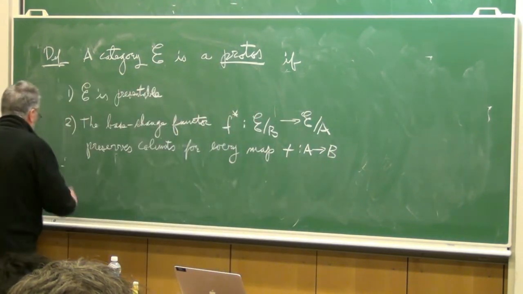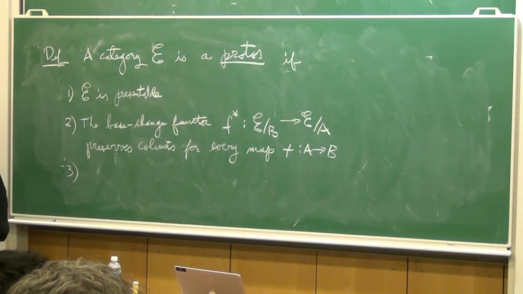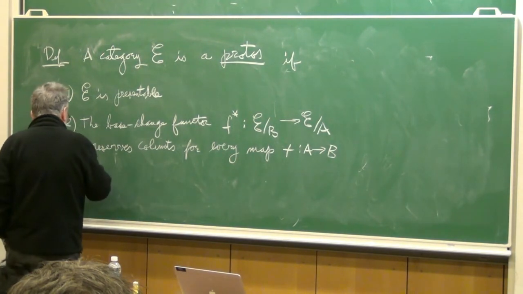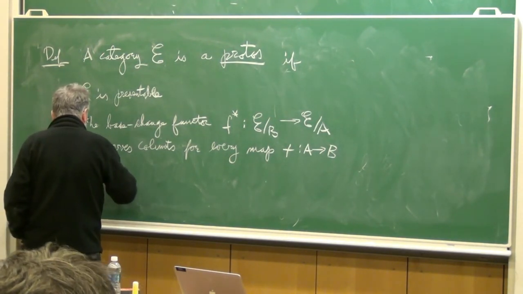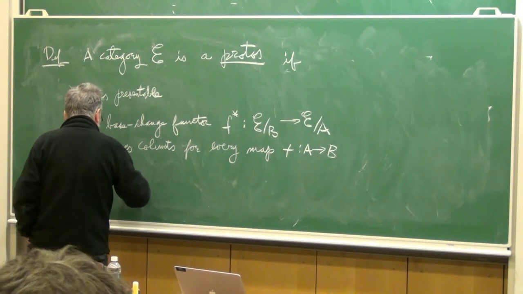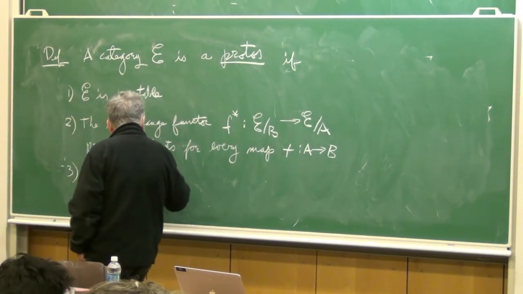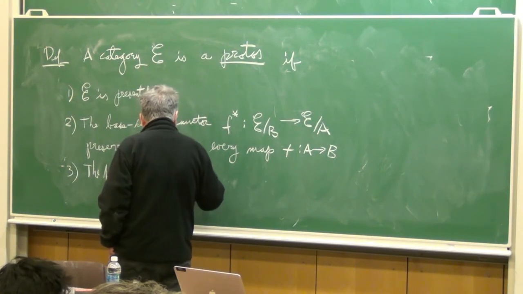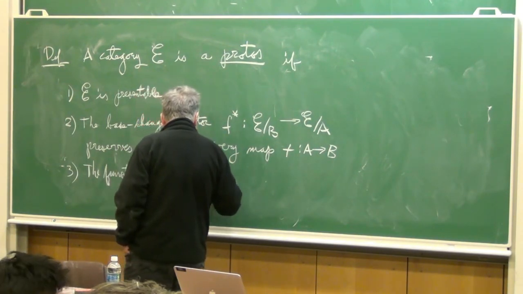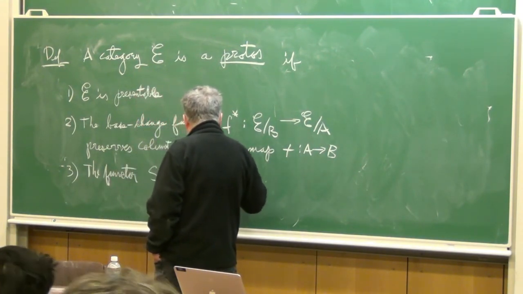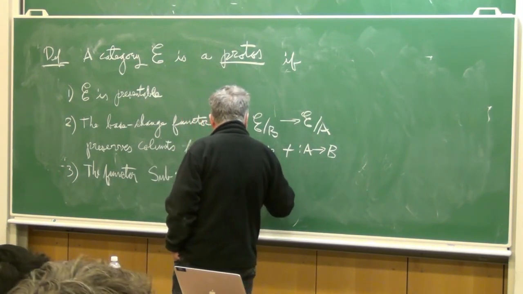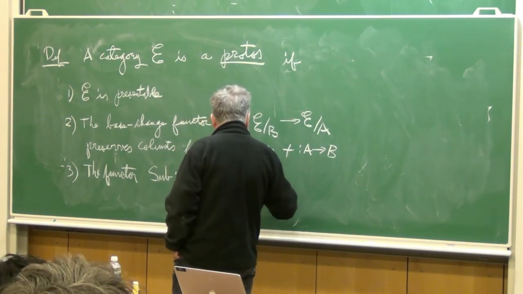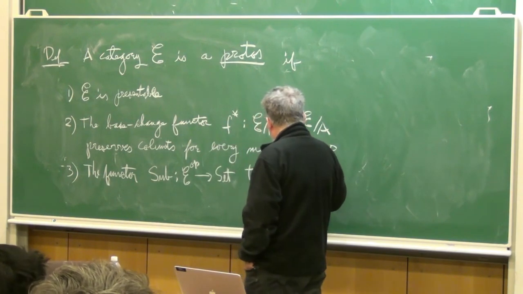And third, the functor is the subobject functor, Sub, which is a contravariant functor to Set that takes pushout to pullback.